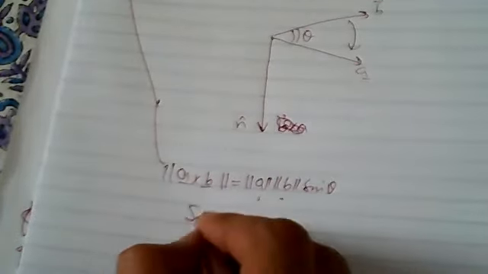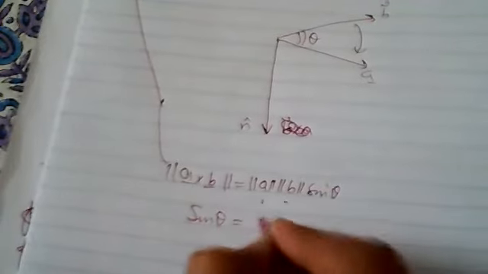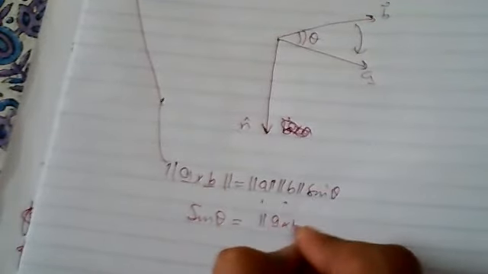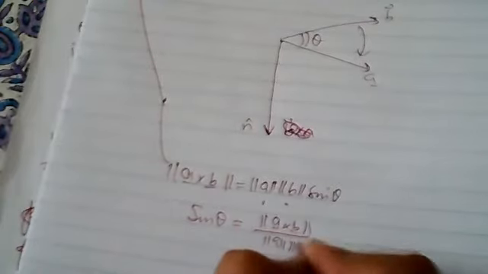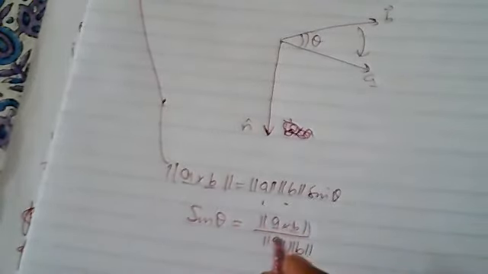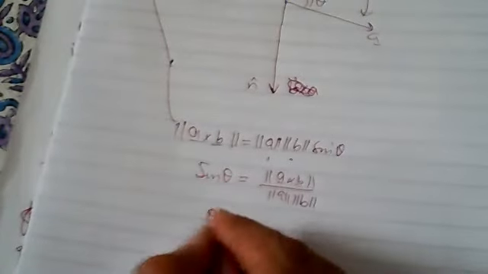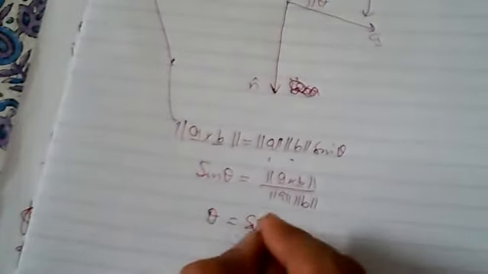If you are interested in finding the sine of the angle, then sine theta is equal to the magnitude of A cross B over magnitude of A into magnitude of B. So you can find the sine of the angle by using this. And theta will be sine inverse of the norm of A cross B over magnitude of A into magnitude of B.